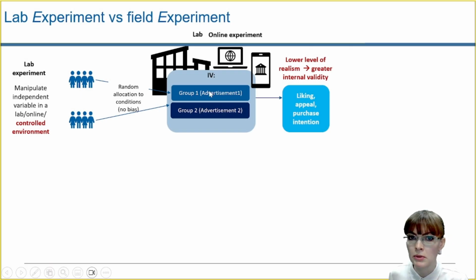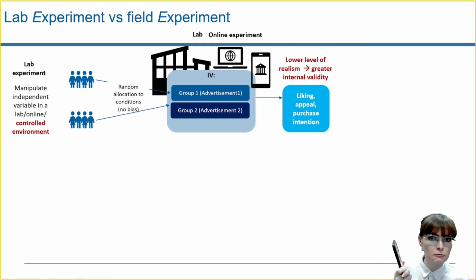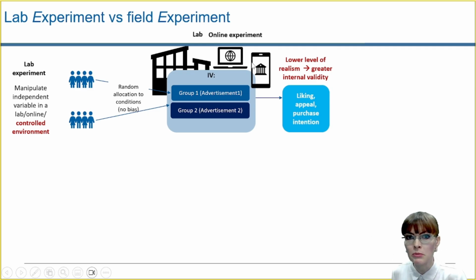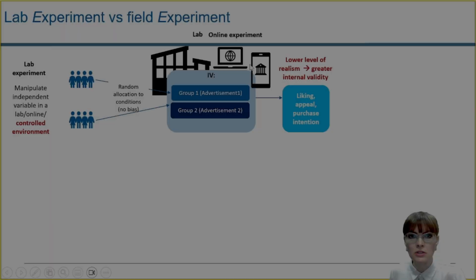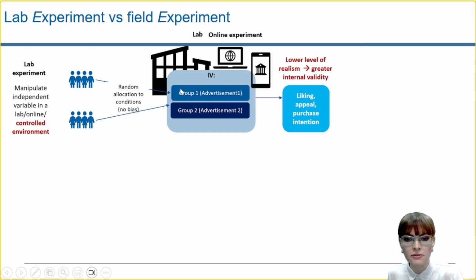However, you need to keep in mind that because you're not physically present there as they are viewing those advertisements, those experimental manipulations, you may not be 100% sure that your participants are not on the phone, they're not distracted by their child or someone else or something else. So keep in mind that while online experiment is considered to be a lab experiment, you do not have as much control with the online experiment as you would have if you invited people to come into your lab.